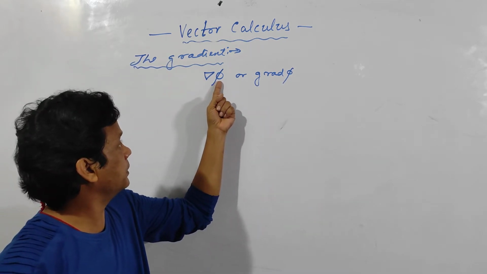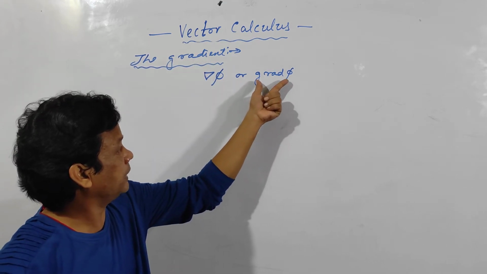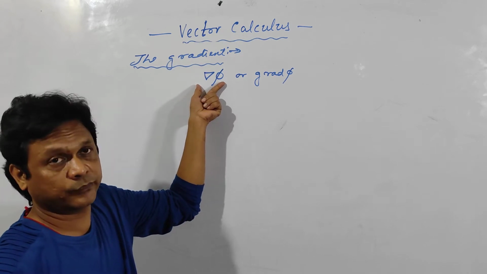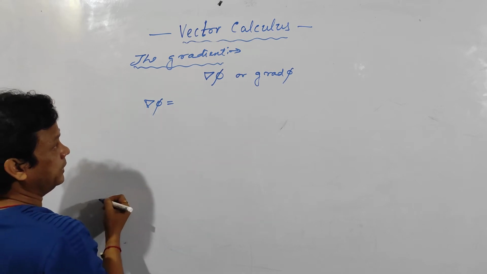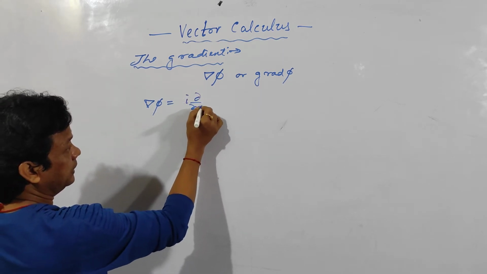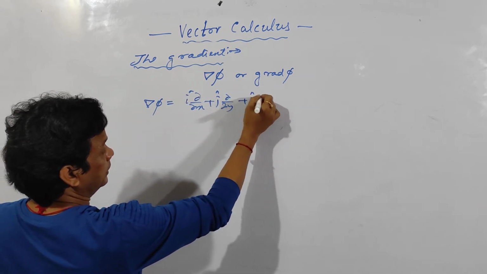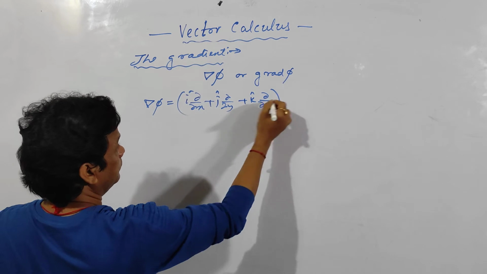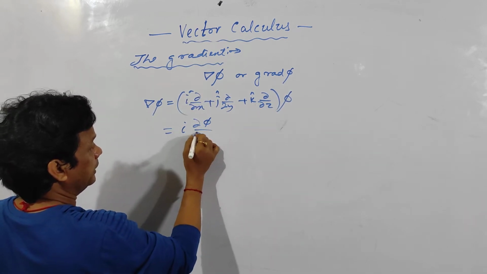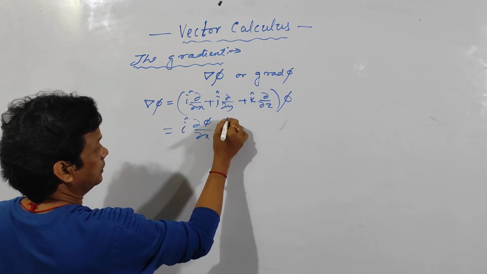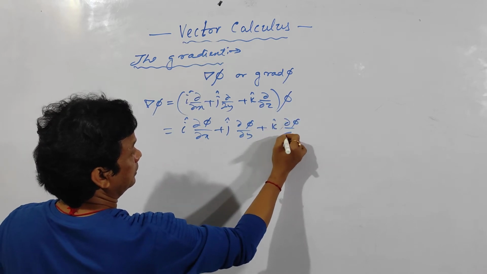If phi is a scalar point function, then the gradient of phi is denoted as del phi, or you can read it as grad phi. What is the meaning of this? Grad phi means i del by del x plus j del by del y plus k del by del z of phi. So it is equal to i del phi by del x plus j del phi by del y plus k del phi by del z.